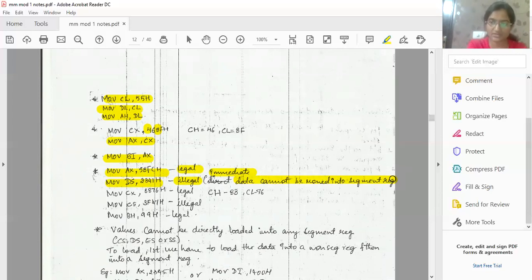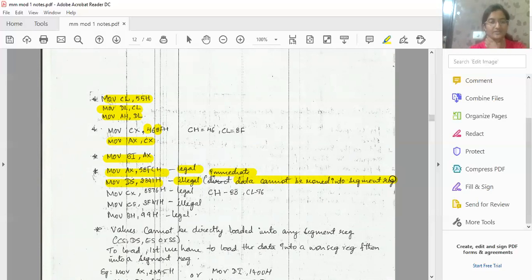What are segment registers? These are the ones which hold the starting addresses of your four different memory segments. Which are the four different memory segments? Data segment, code segment, stack segment, and extra segment, right? So these four segments have four segment registers in order to hold their starting addresses.